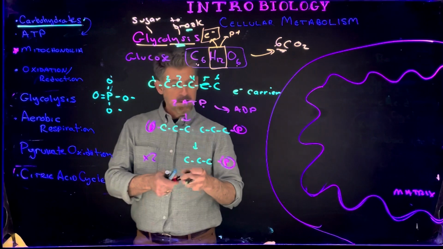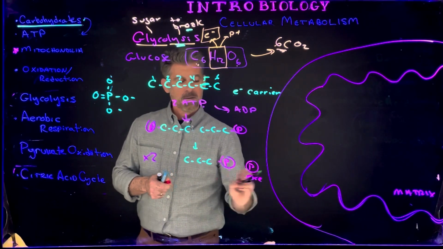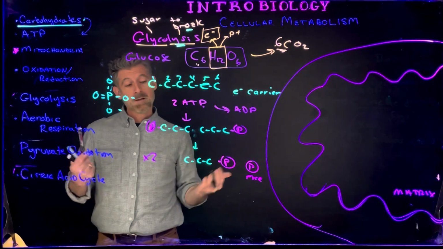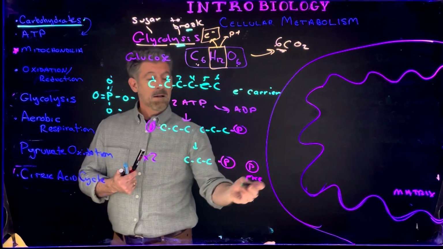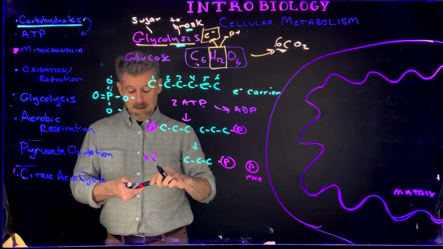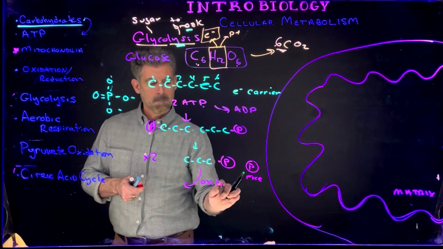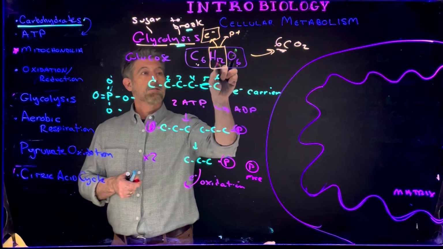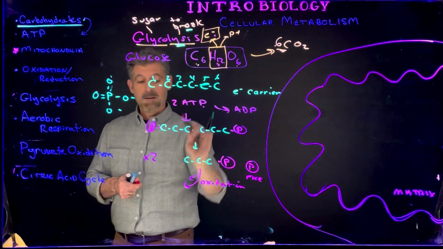What then happens is we get some free phosphates. Free meaning they're not attached to anything. They're not attached to ATP or ADP or any other molecule. They're just free. And they're going to be attached here, but that's going to cost energy. So what's going to occur is an oxidation event. It's where electrons from the hydrogen are going to be removed and given to that carrier.